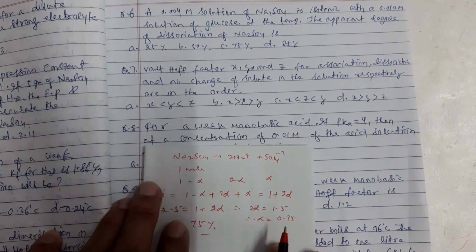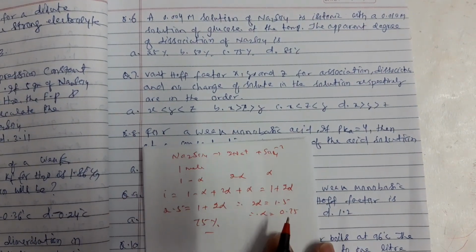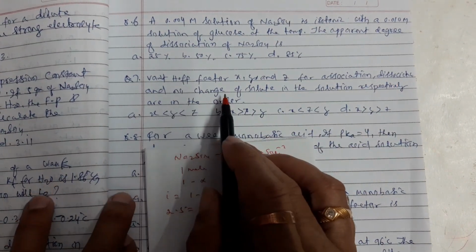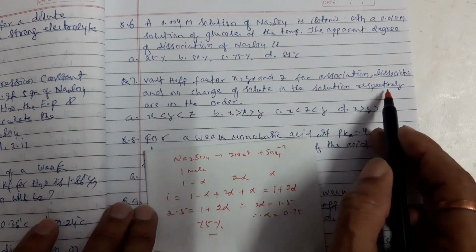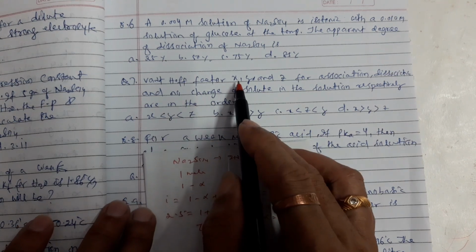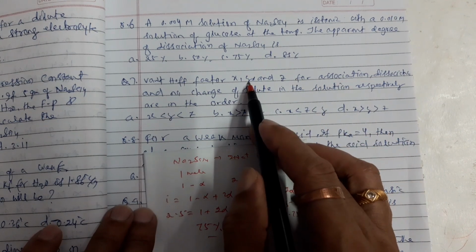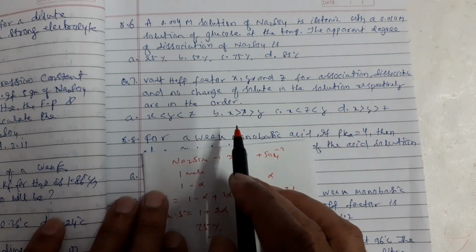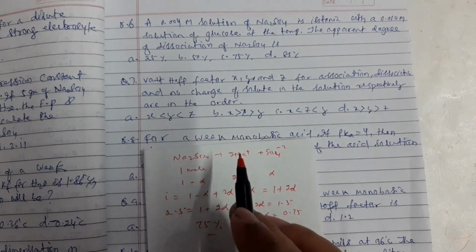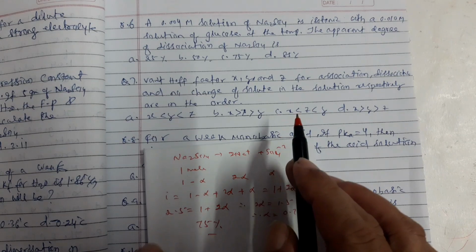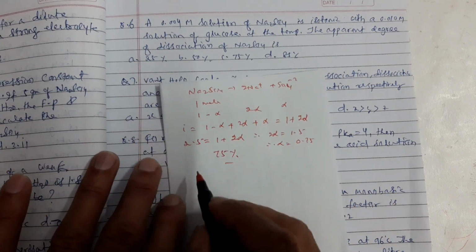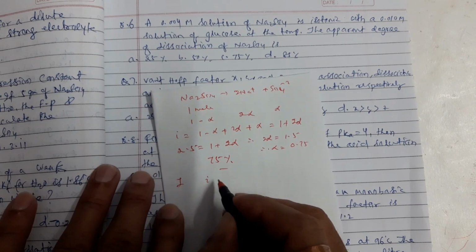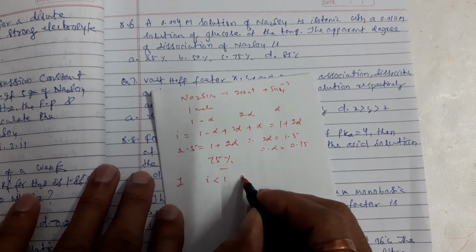Next question. Question number 7. Van't Hoff factors X, Y, Z for association, dissociation and no change of solute in the solution respectively are in the order. So X is for association, Y is for dissociation, Z is no change. So you see the Van't Hoff factor, when it is associated, the value is less than 1.